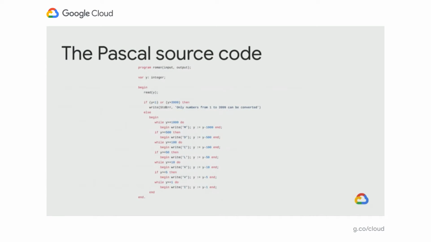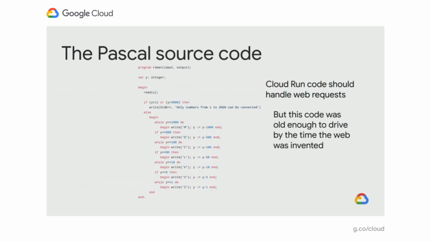The starting point, remember, is that Pascal program, written in 1974. Now, Cloud Run's bargain is, give me a container, but the container is supposed to handle web requests. Cloud Run will take incoming web requests, send them to your container, wait for the response, and send it back. That's really all it expects your container to do, is handle web requests. This code doesn't do that.